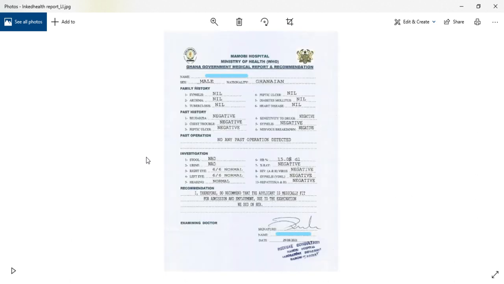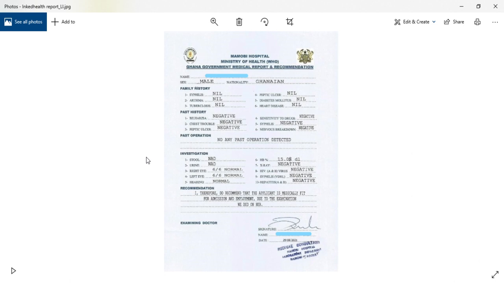This is how a health certificate looks, from an approved doctor or someone who is a health worker working in a health institution, that you can go to yourself and then request a health report or health certificate for university applications.